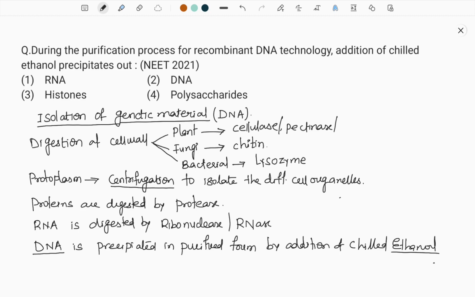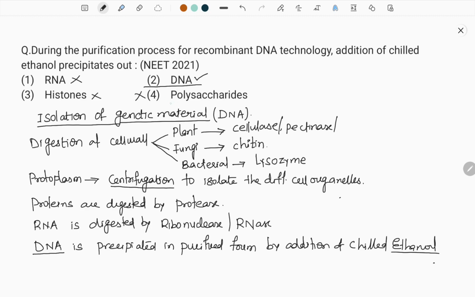So in this question, during the purification process of recombinant DNA technology, addition of chilled ethanol precipitates out. Purified DNA is precipitated by adding chilled ethanol, that is DNA. And it's not histone proteins, it's not the polysaccharides.